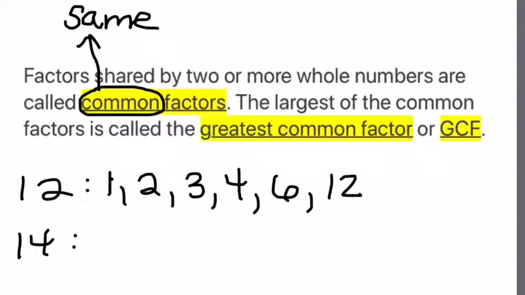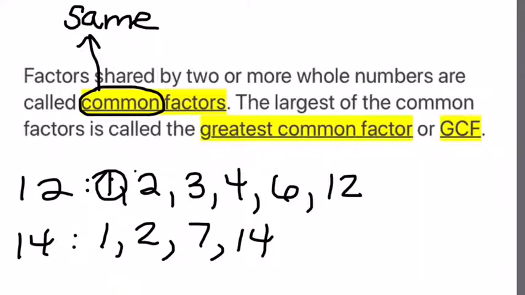The factors of 14 are 1, 2, 7, and 14. Notice that both 12 and 14 have the same factors 1 and 2. These are both called common factors because it's the same factor for both numbers.